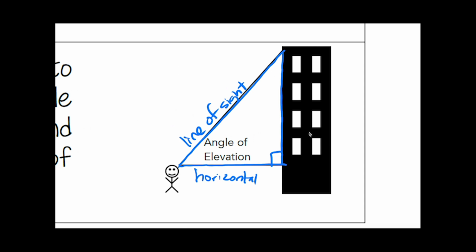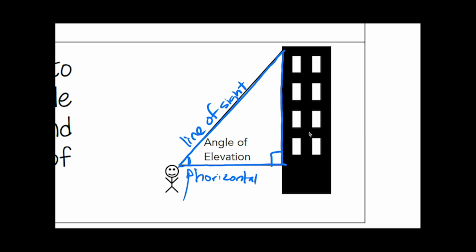So you have a person looking at an object, in this case a building. From your eyeballs to the object is your horizontal. From your eyeballs to the top of the object is the line of sight. And the actual object, the building, creates the third side, and there's your right triangle. The angle formed between the horizontal and the line of sight is called your angle of elevation, because you're looking at the object and then your head goes up.